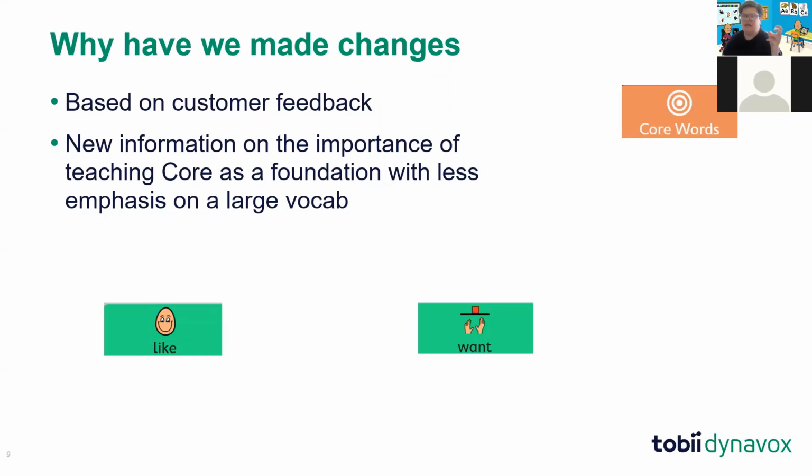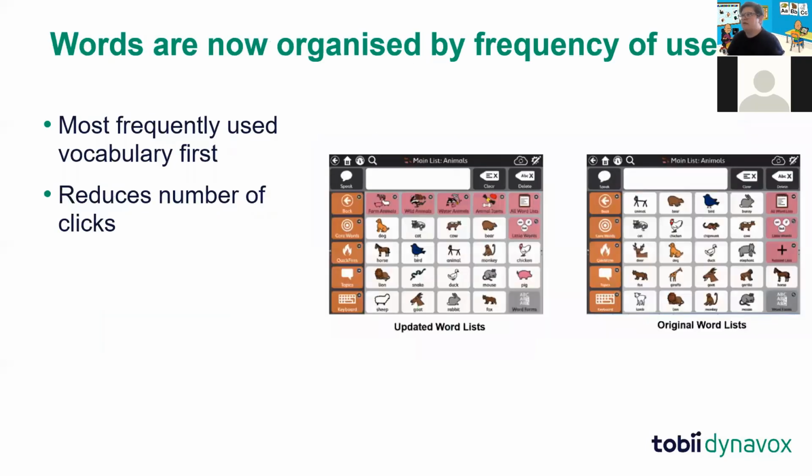So that customer feedback played a huge part of that. And then the other main reason that we re-looked at this is new information that came around about the importance of teaching core foundation, and with less emphasis on having a really, really big vocabulary. So what this led to is some changes that we made around the organisation.